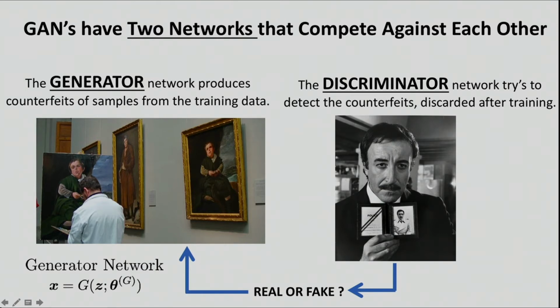Its job is to generate and synthetically generate images. That's one network. The other competing network, remember two-player Minimax, the second player is the discriminator network. And its job is to look at the images coming out of the generator and to determine whether it believes those images are real or fake. And this is all done in mathematics.